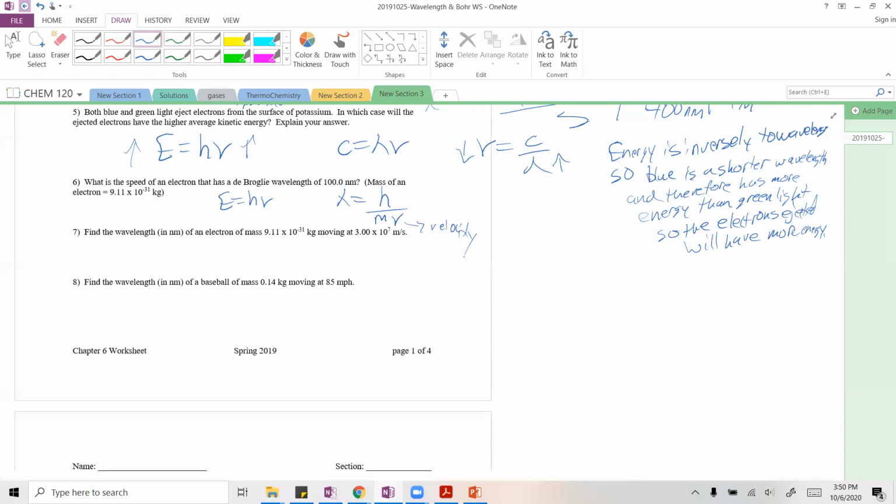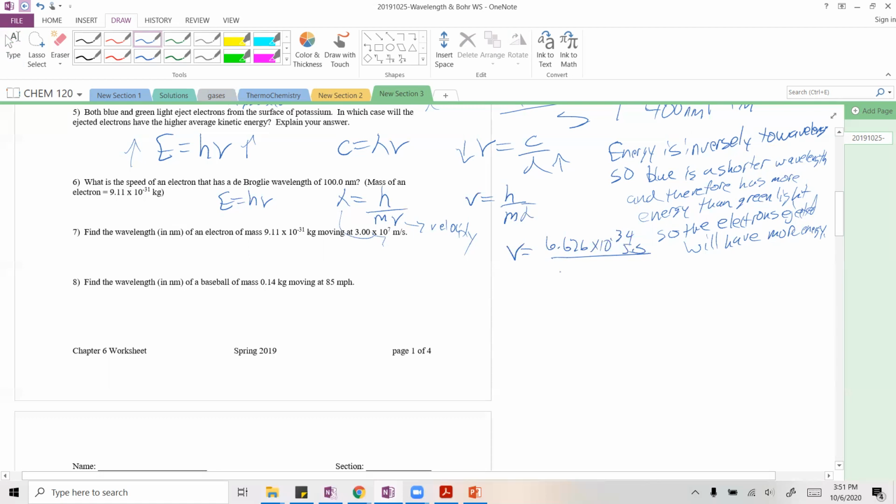So if we want to find the velocity, then we need to put that up by itself. This part stays the same, and then we need to bring our wavelength over. So our velocity is going to be Planck's constant, 6.626 times 10 to the minus 34 joule seconds.